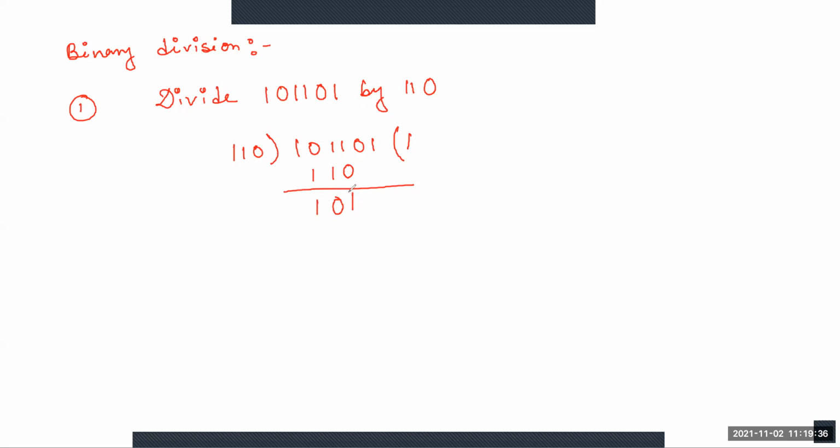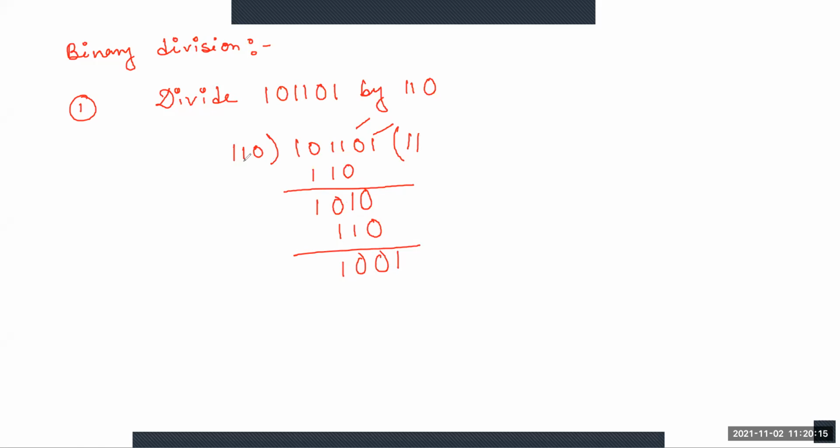Again we bring down 1 bit, so this is 1010. Again we give 1 times 110. Subtracting again: 0 minus 0 is 0, 1 minus 0 is 1, 0 minus 1 is 1. Again we have 1001.